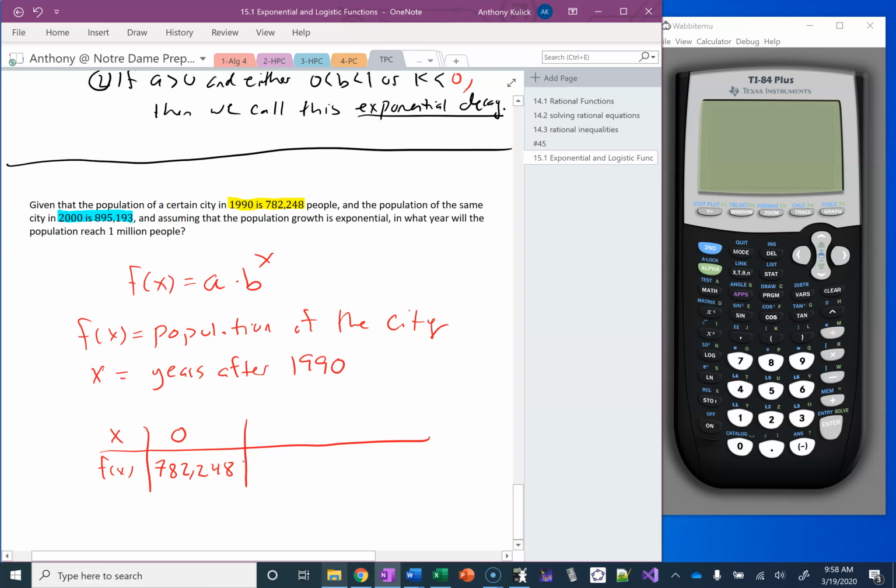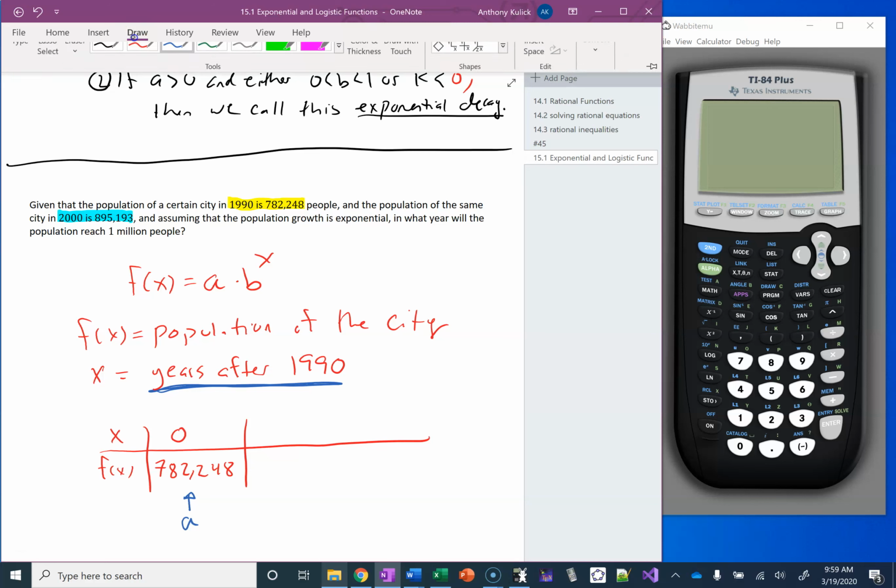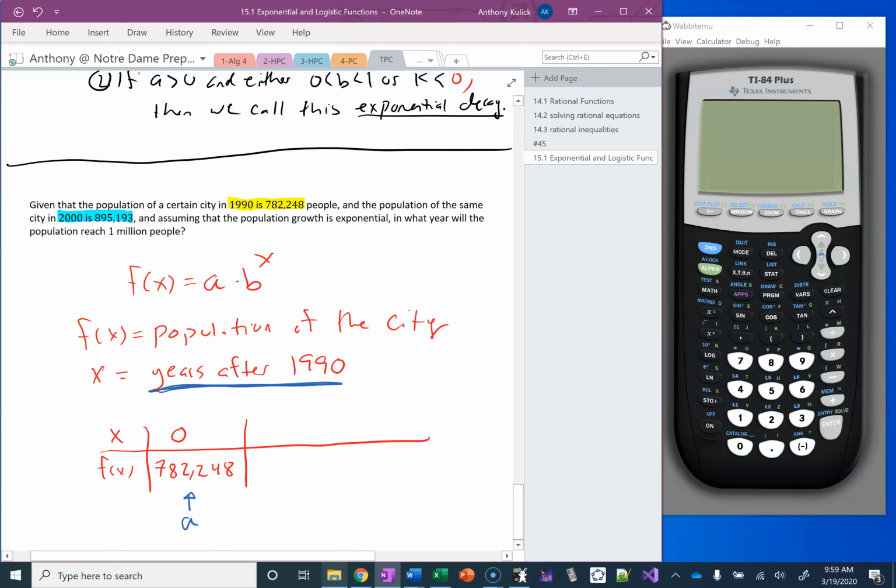This has the additional benefit, since x is the years after 1990, that this value is my a. I got it for free. I didn't have to do any hard work to get it. It just happens because of the way I defined x. So that's another really nice benefit for choosing x to be the years after 1990 as opposed to just being the date.